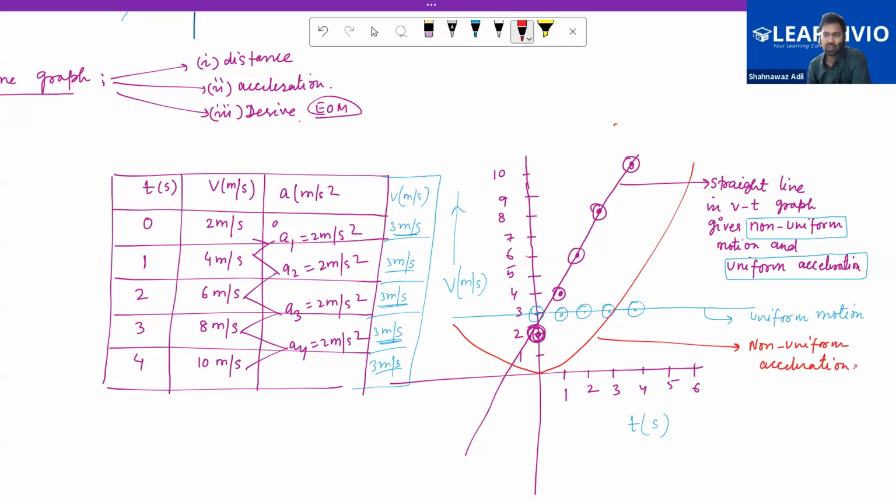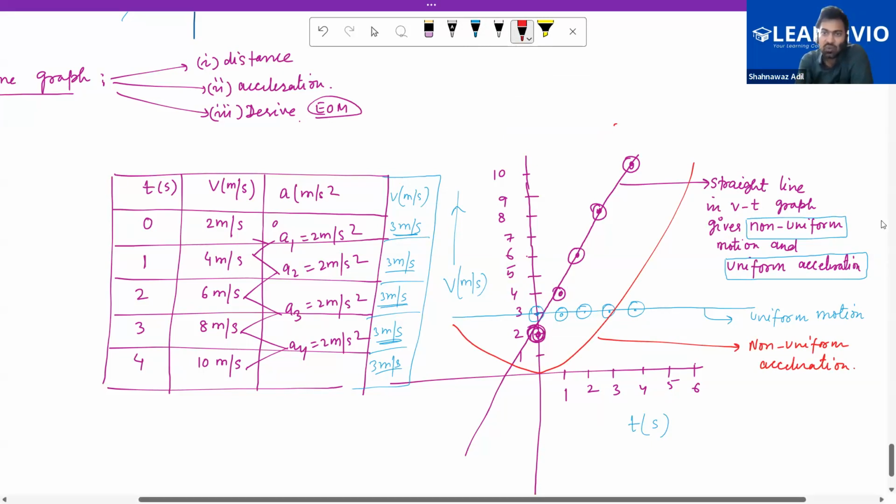Yes. There is another point: VT graph talks about the acceleration. XT graph talks about the velocity.